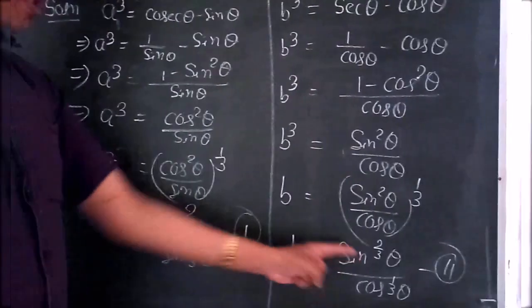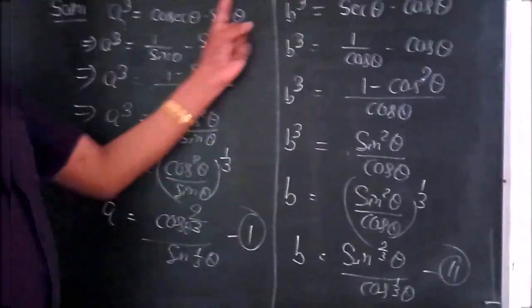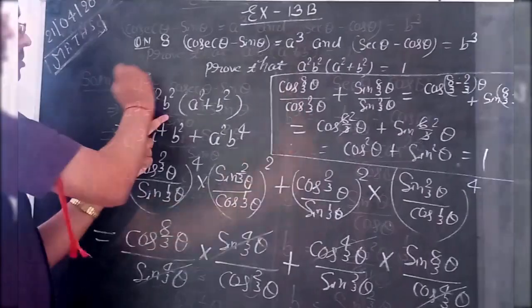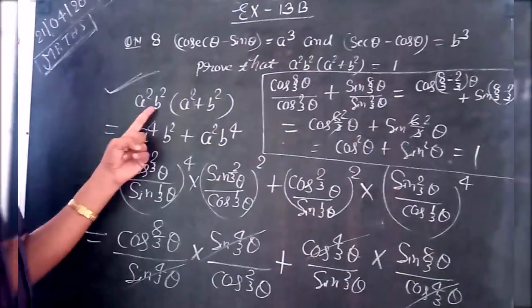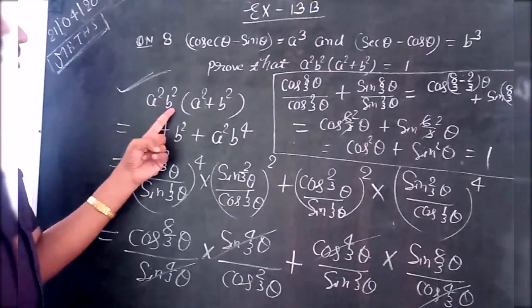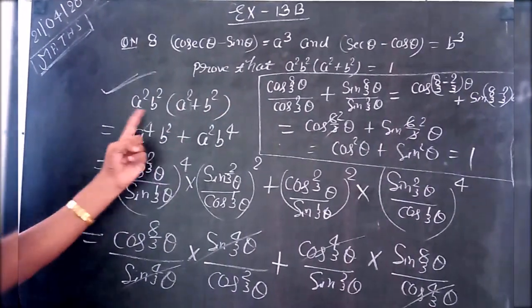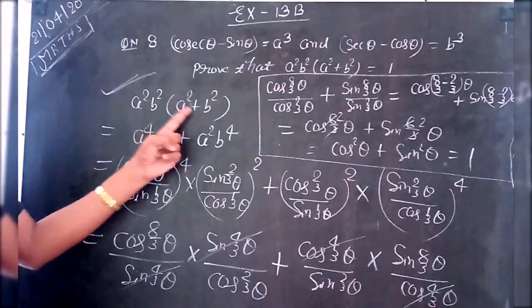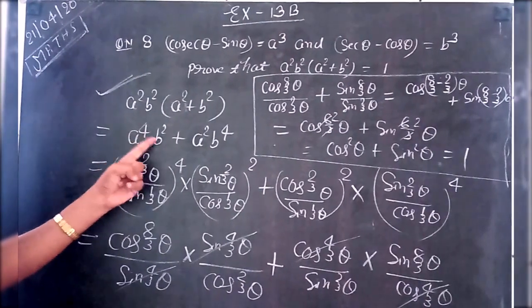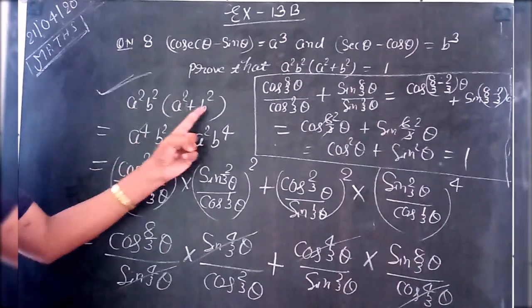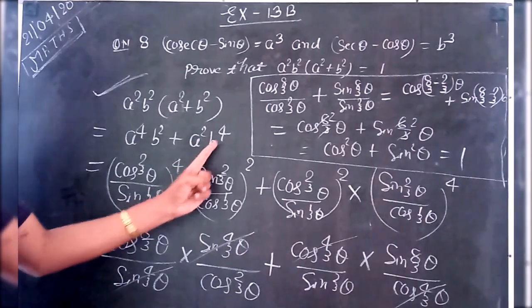Now substitute the values of a and b in the given equation. Now see, here is the question: a square b square into a square plus b square in the bracket. So first you multiply, students, and you get a to the power 4 into b square, and then we multiply and you get a square b to the power 4.